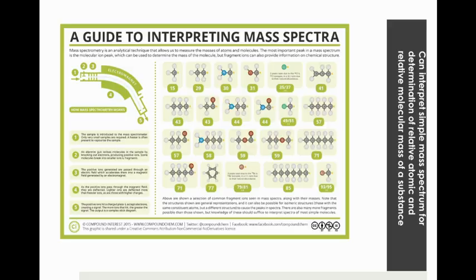On the right side of the slide, you see lots of different numbers, and those numbers correspond to what are called fragments that might come from the breaking of a carbon compound.